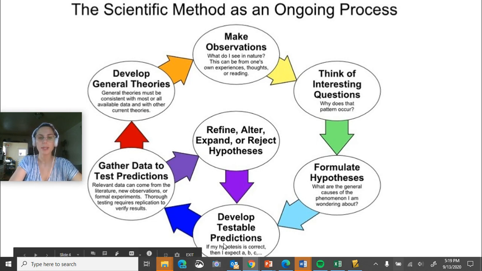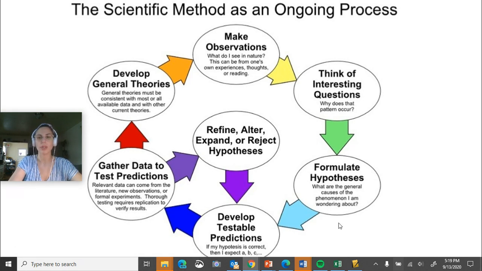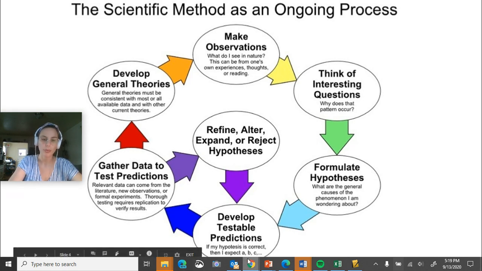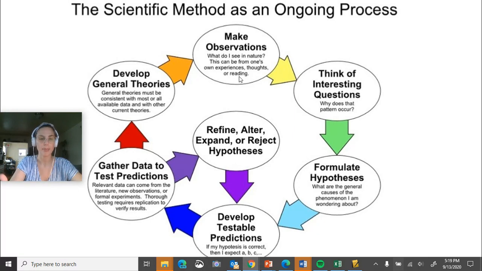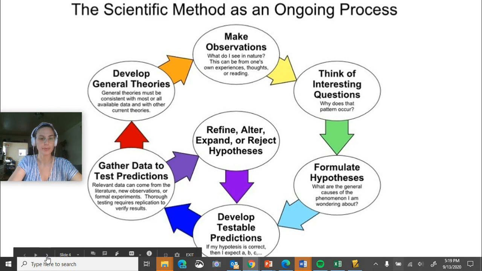But perhaps at this point of prediction, we actually reject our hypothesis. Then the process starts over. We reformulate a hypothesis, we reformulate our predictions, and so on and so forth. So it's this kind of ongoing process, this cyclic process.